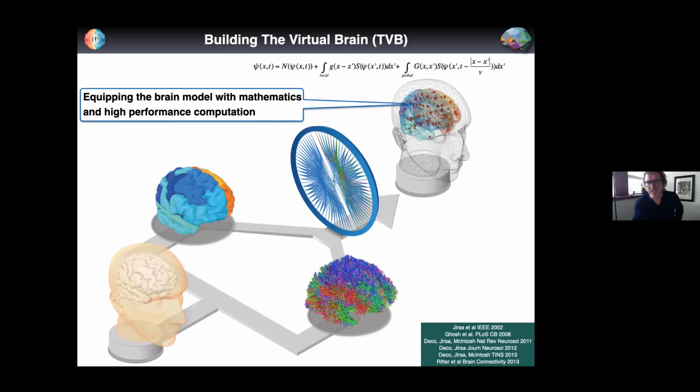So this N of psi is the intrinsic dynamics, the mean fields that you were probably talking about already, that represent the dynamics in a network node, plus then you see the integral here with the local connectivity. This is what you were probably plotting earlier, the local connection density, excitatory and inhibitory, across the cortical surface, if there is a surface. If not, this term disappears, plus, and then you have the global connectome.